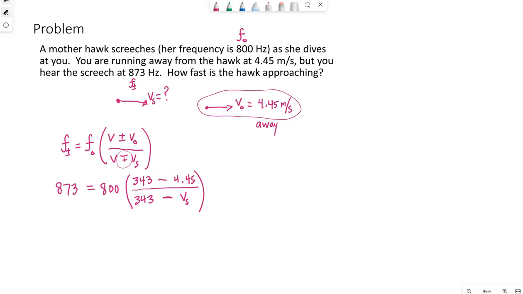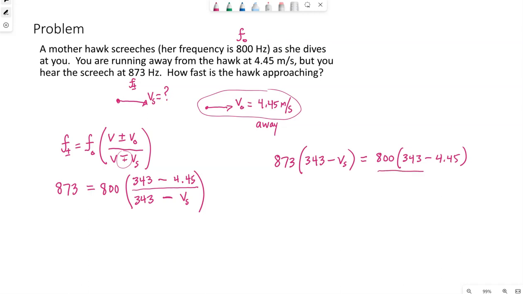And so our only unknown here is the speed of the source. So to get that to the top, we can multiply up. Sorry, there's a serious lag on my computer right now. Okay, so 873 times the whole quantity of 343 minus V sub s leaves me with the 800 times the quantity of 343 minus 4.45.